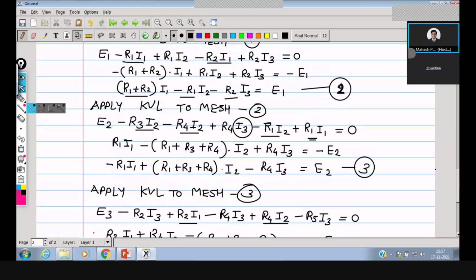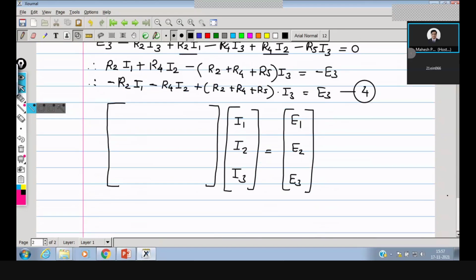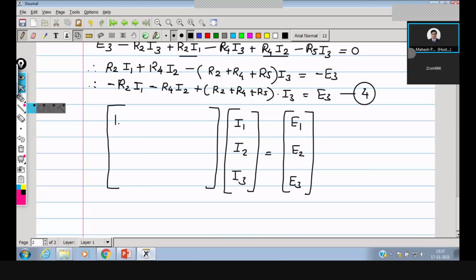Fine. So can we write in the matrix form R1 plus R2? Then here it is minus R2, and here it is minus R1. Minus R1, and here it is minus R2.